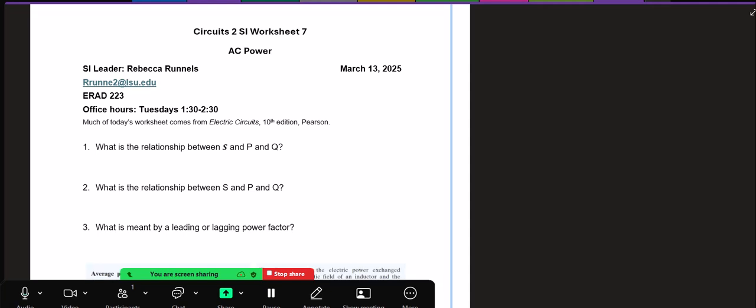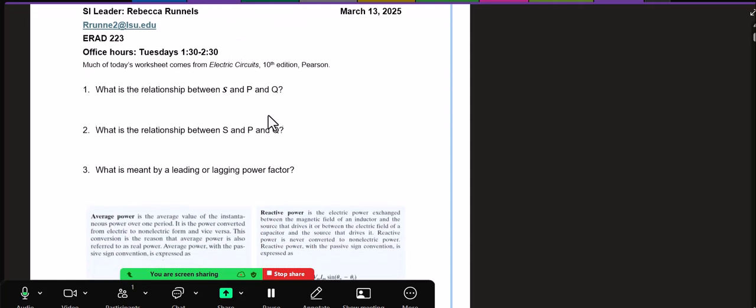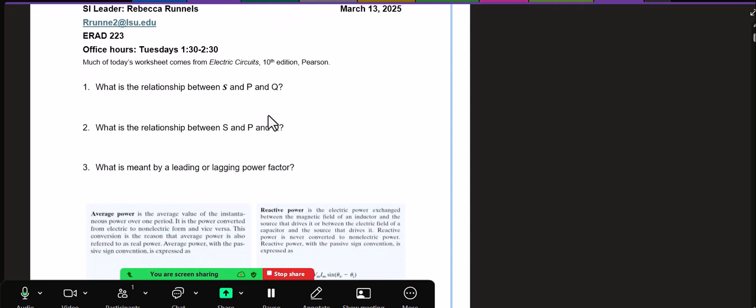So just moving on a little bit, the last few sessions have been on trying to get more of a feel for complex power. And now I want to get a little more detailed and start working on some real problem solving and also continue to understand.